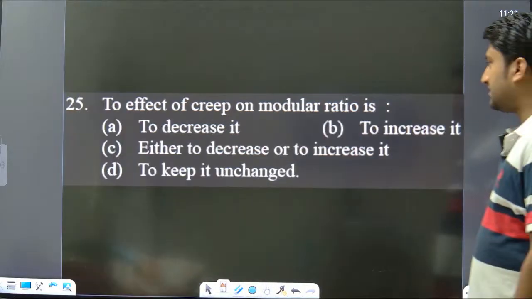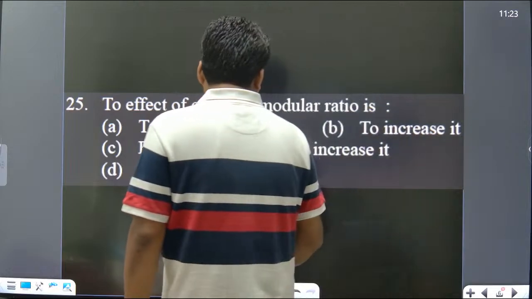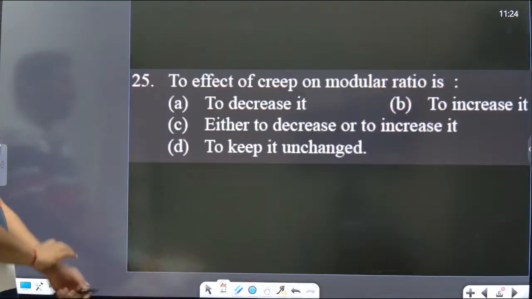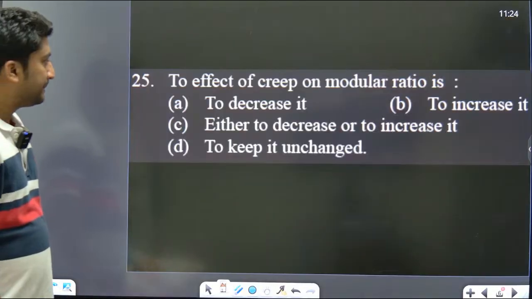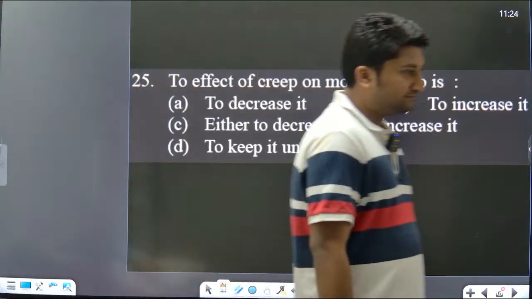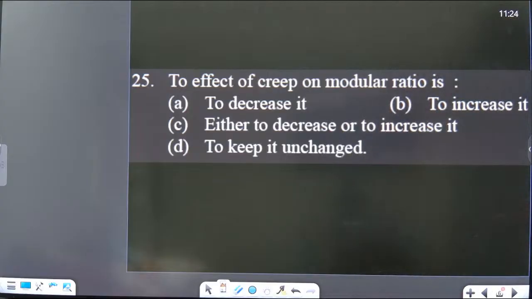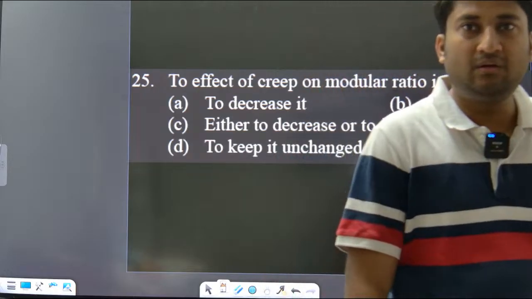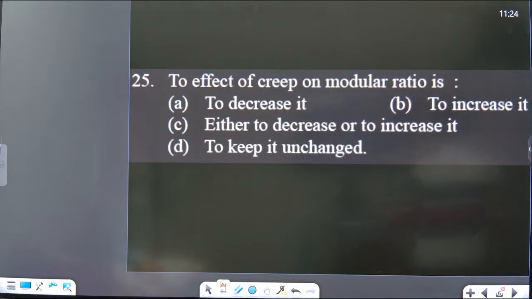Answer this question. This is also a very good question. Please answer this. The effect of creep on modular ratio is? Yes, Vignesh.